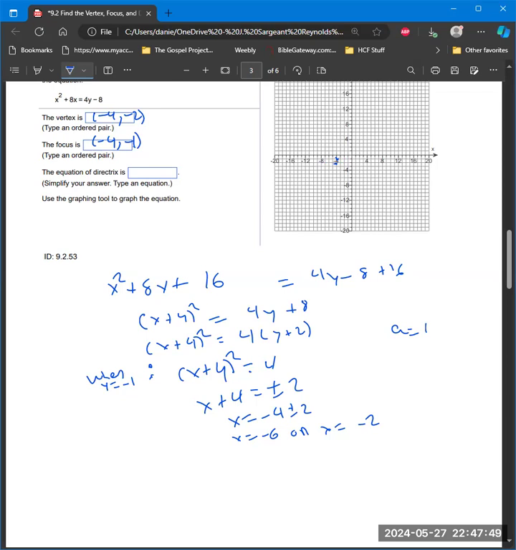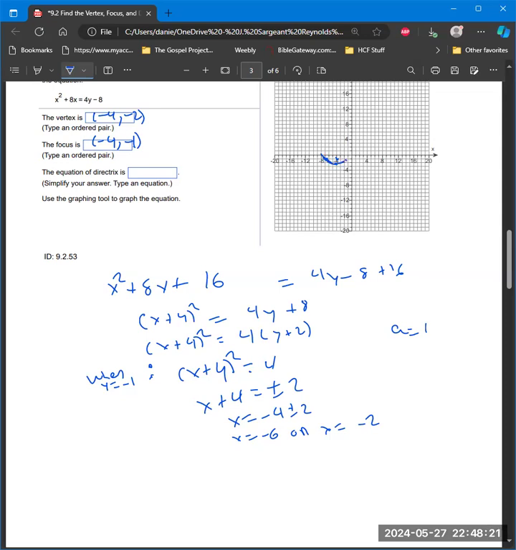No, this should be opening up. So -6 on x, and -2 is here.